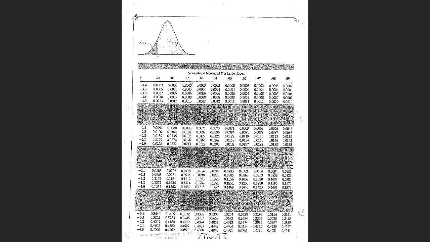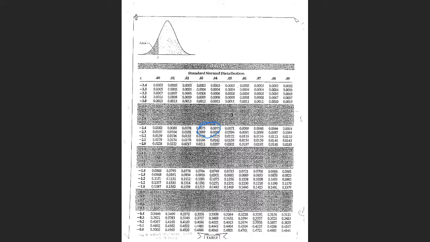So negative 1.7 is right here. And then I want a 1 in the hundredths place, so I'm looking in this column that says 0.01, and I'm going to cross-reference those. And this is the number I need right there, but it's hard for me to see on this. It's easier to see on a printout. I'm going to look at my actual table.